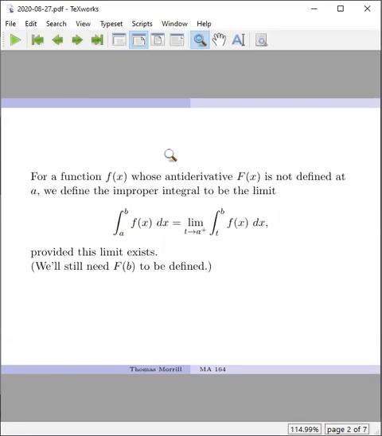The way to fix this is similar. Let's say that the problem endpoint is the lower endpoint. I will integrate from some variable t up to b instead.